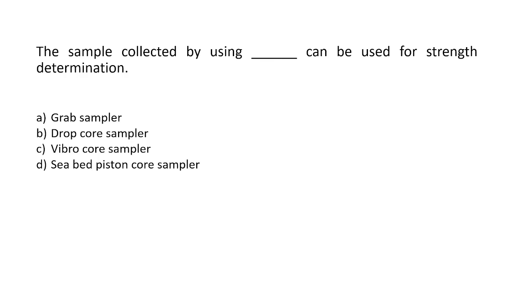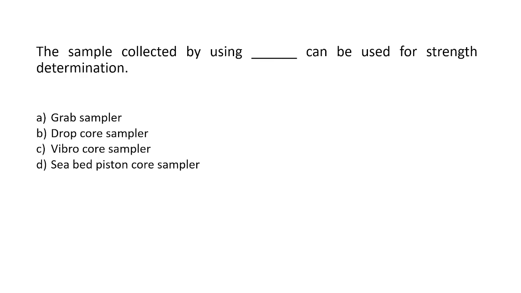First of all, to determine the strength of the sample, what kind of sample do we want? Undisturbed, or minimal disturbance. So which sampler should we use? D appears to be the correct answer.